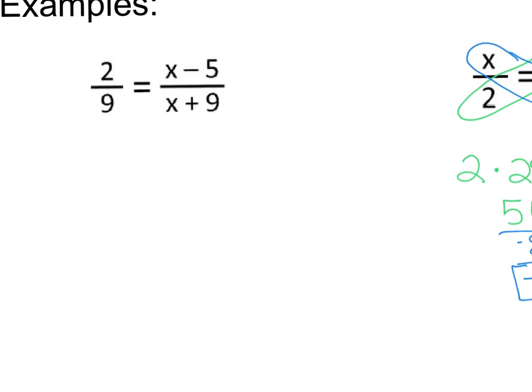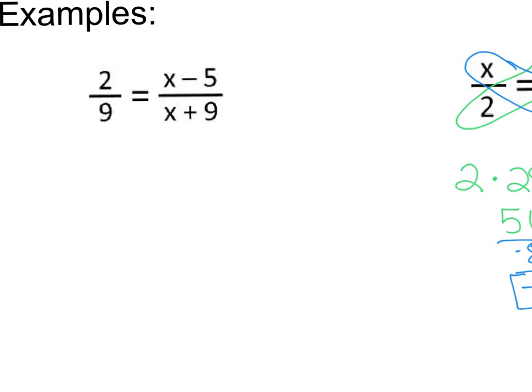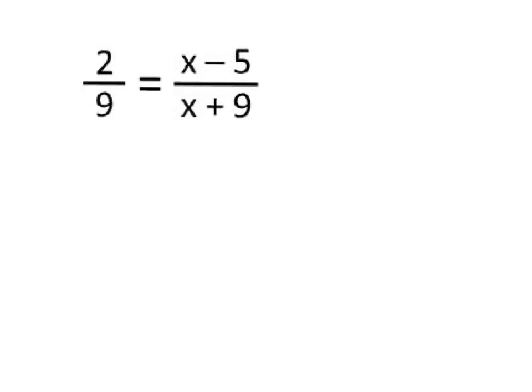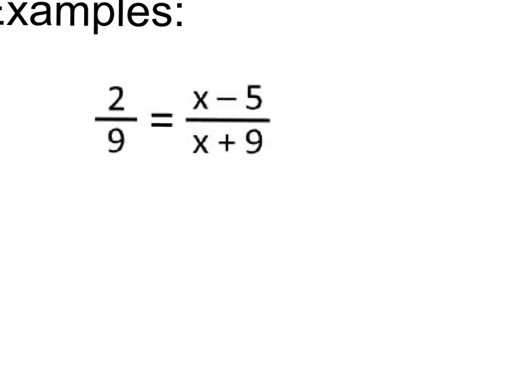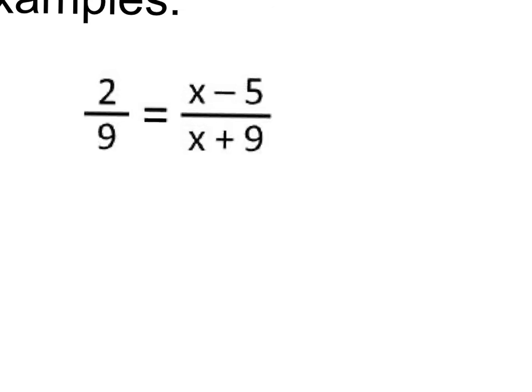All right, now let's do the other example. Now this one looks a little bit different. Now don't freak out, or do, and then we'll calm down in a second. You'll see it's not so bad. It looks a little different because the numerator and the denominator of this fraction, the top and the bottom, both have a variable and a constant. It's an expression on the top and the bottom.